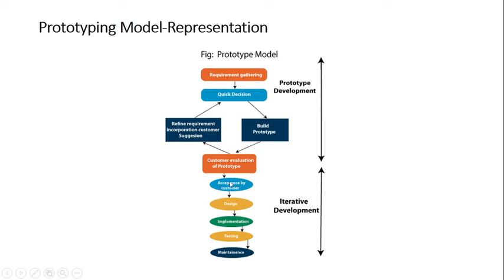Once the customer is satisfied, now we develop the actual system using the iterative development approach, that is the iterative waterfall approach. It will have design, coding, testing, implementation and maintenance, and we are not representing the feedback path externally here because it will make it a complex structure, not easily understood.